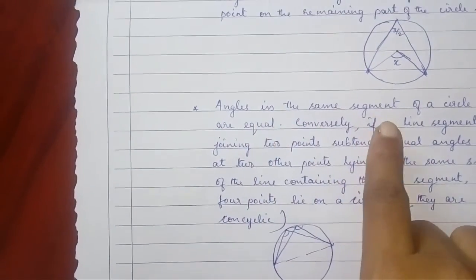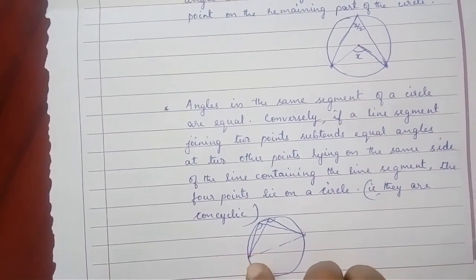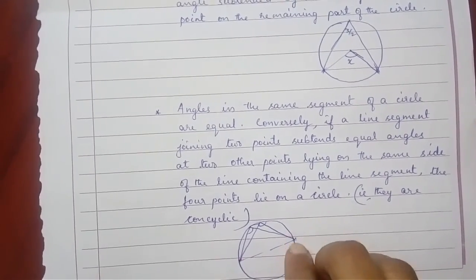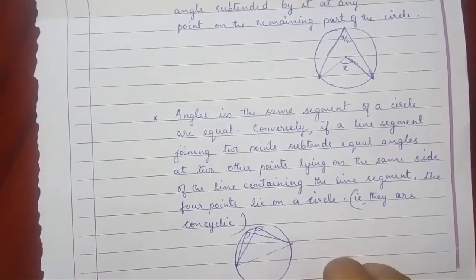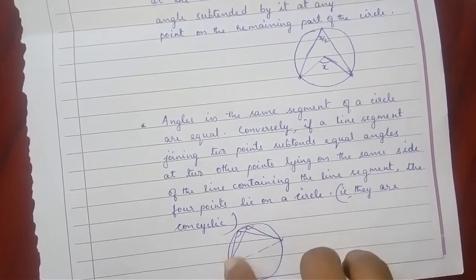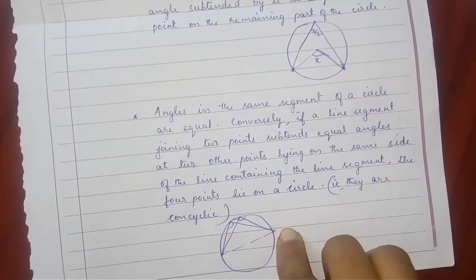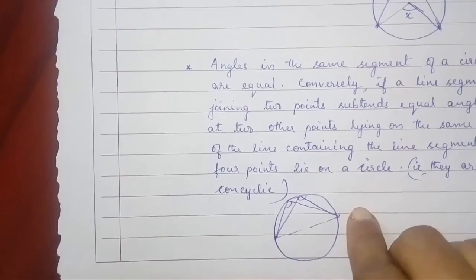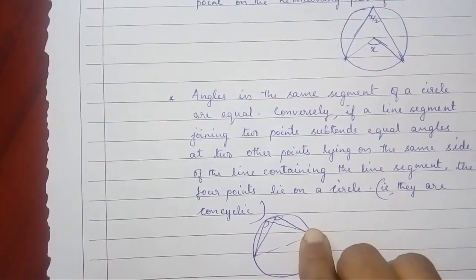Then, angles in the same segment of a circle are equal. We can see that here we took one arc. Two angles are subtended by the same arc, which means the arms of the two angles have the same endpoints. So, this arc subtends two angles on an arc.